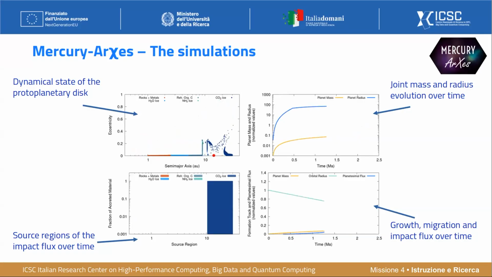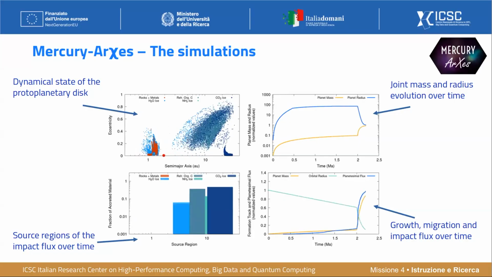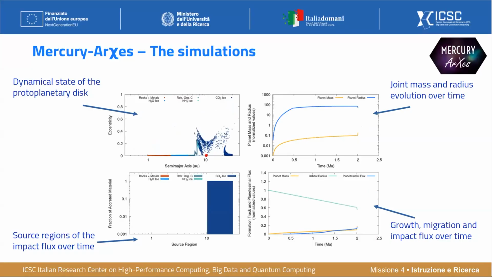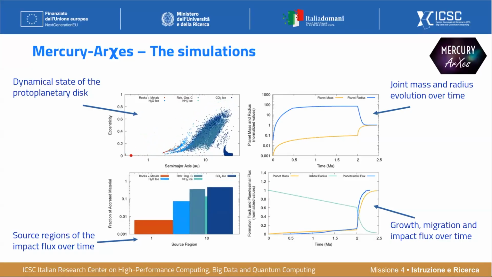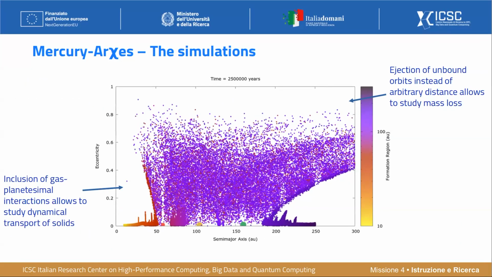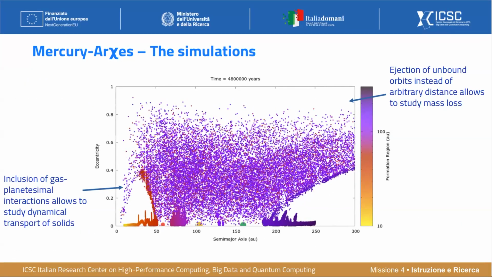We track the source region with Mercury-Arxes of all the impacting planetesimals, and in the bottom left you see the evolution over time of the partition of the accreted particles from the different regions of the disk. Here in this simulation, we divided the disk into different compositional regions, but in principle, you can track the whole continuum of formation regions.